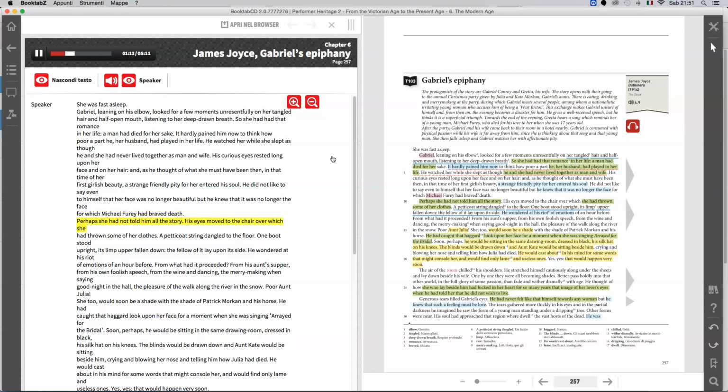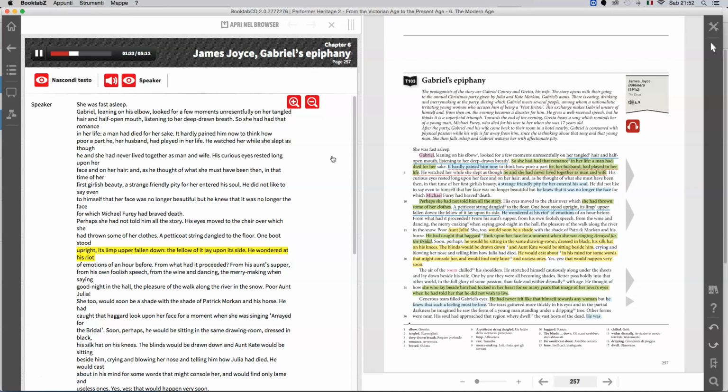Perhaps she had not told him all the story. His eyes moved to the chair over which she had thrown some of her clothes. A petticoat string dangled to the floor, one boot stood upright, its limp upper fallen down. The fellow of it lay upon its side.